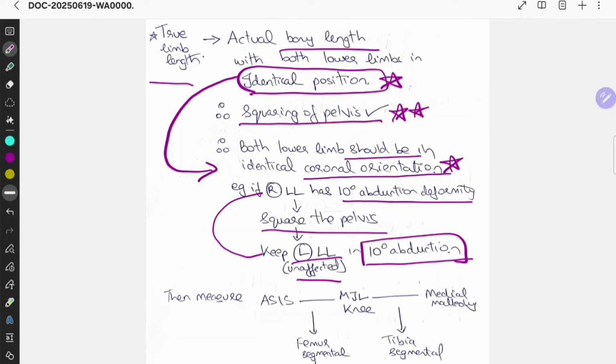Identical coronal orientation and squaring of pelvis is absolutely necessary. That is what you call the true limb length measurement. There is no compensation at present, because we have already squared the pelvis.